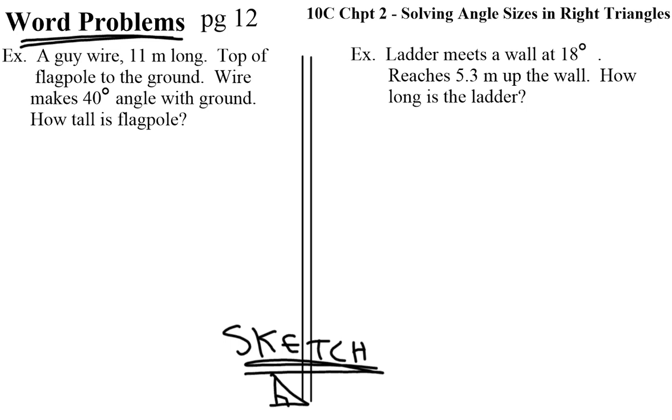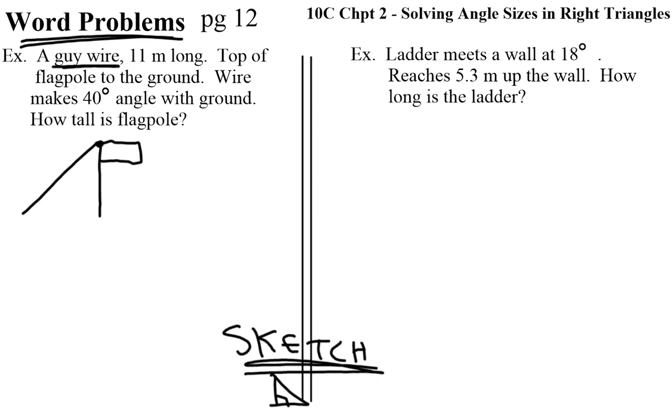So draw careful. You have a guy wire that's 11 meters long attached to the top of a flagpole and to the ground. So you have a flagpole with a flag on it, possibly a guy wire. That's just a wire that you see attached to a tall object and then attached to the ground for security.